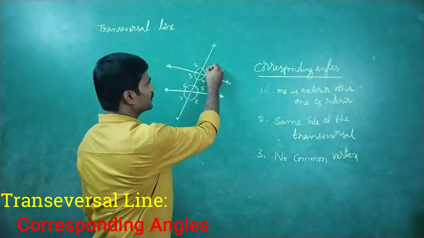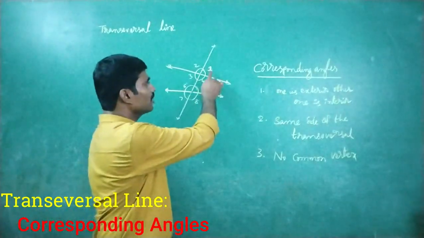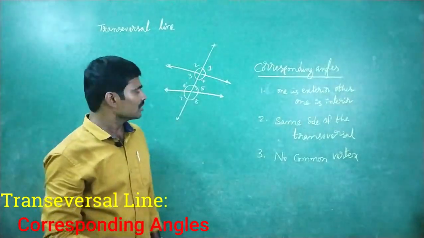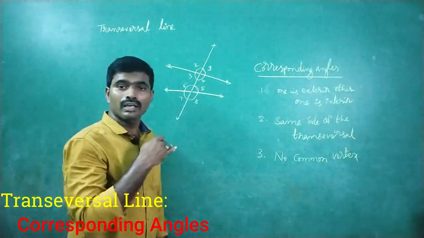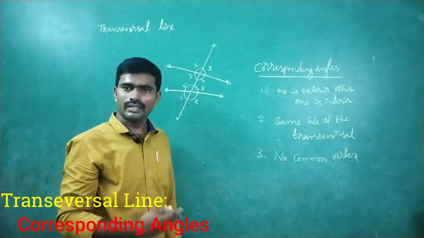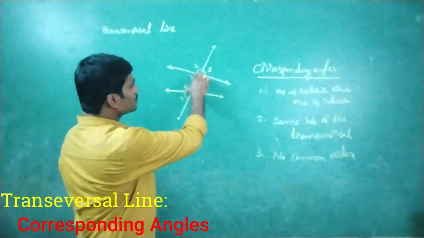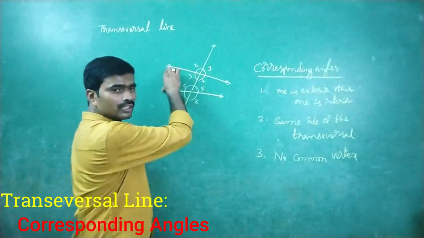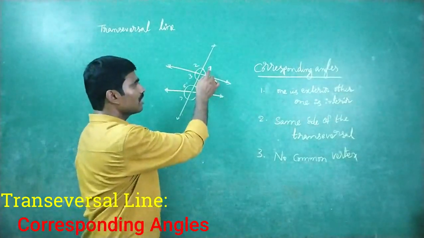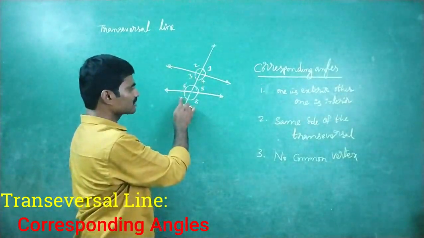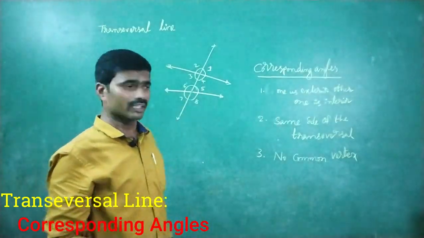Suppose I take one angle. What is the corresponding angle of angle 1? These 8 angles are formed. Here, some are exterior angles, some are interior angles. What are the exterior angles? Angles outside of these two lines are called exterior angles. That means angle 1, angle 2, angle 7, angle 8 are exterior angles. What are the interior angles?